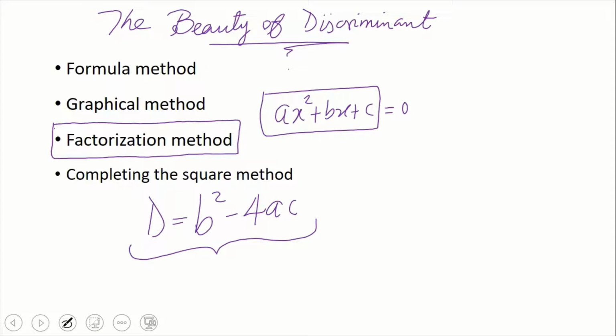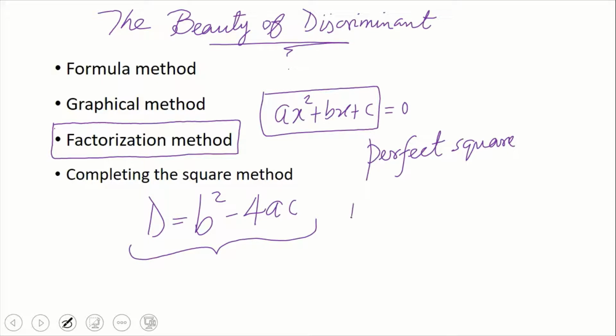Once you calculate the discriminant and you get an answer that is a perfect square, it means that the quadratic equation can be solved by factorization method. So what do I mean by perfect square? That is a number whose square root is another whole number.